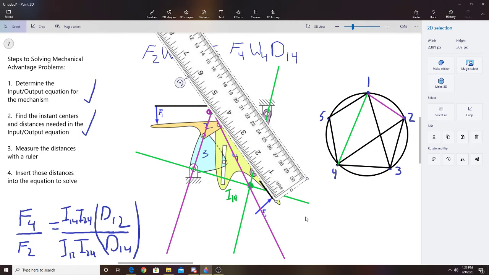So it looks like this one would be what? 1 inch, or not even an inch yet. It's 3/4 inches, so 0.75 maybe. No, it's actually greater than that. It's 7/8 of an inch, something like that.